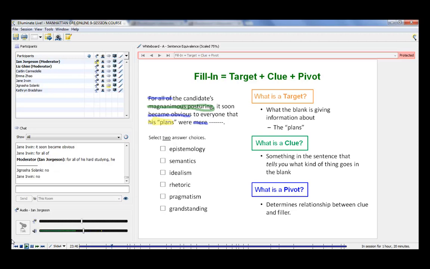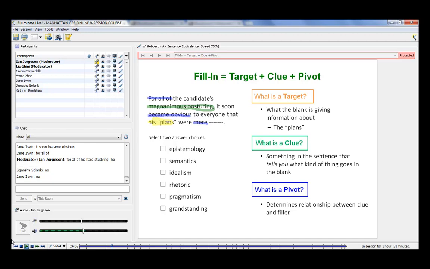No, it's the exact opposite. For all of his hard studying, he failed, right? That's what that means. For all of says that even though you did all of these things, the opposite happened. It's like saying even though he studied very hard, comma, he failed, right?